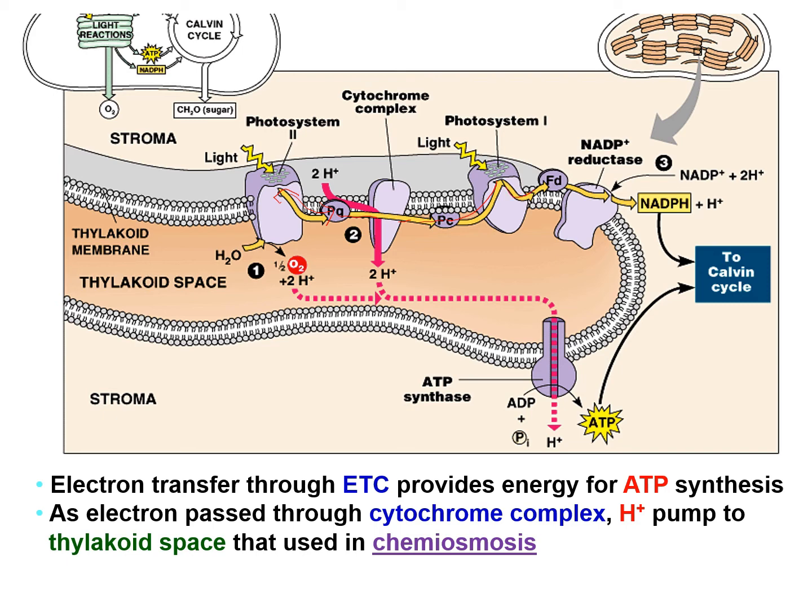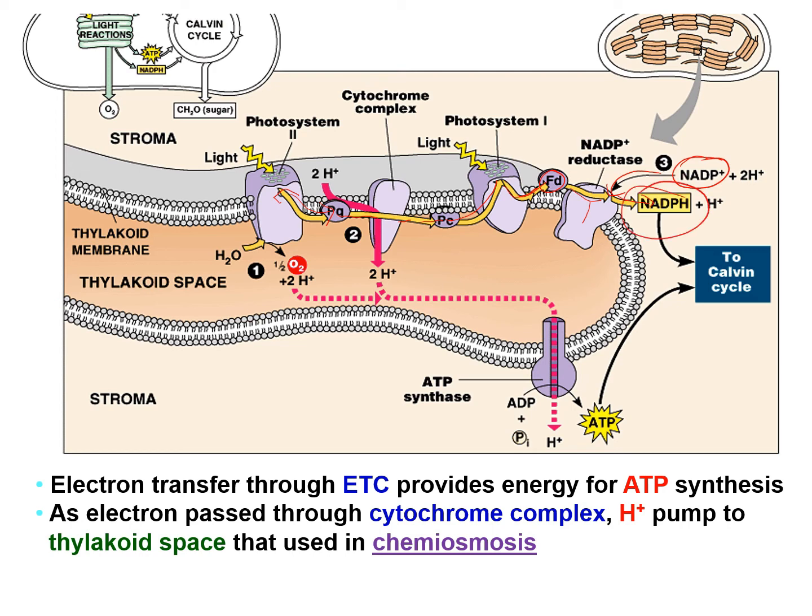From photosystem 1, it will transfer electron to the ferredoxin and then to the last electron acceptor, the NADP+. So this is the complex named NADP reductase, because NADP+ will receive the electron from this complex and reduce to NADPH+H+.